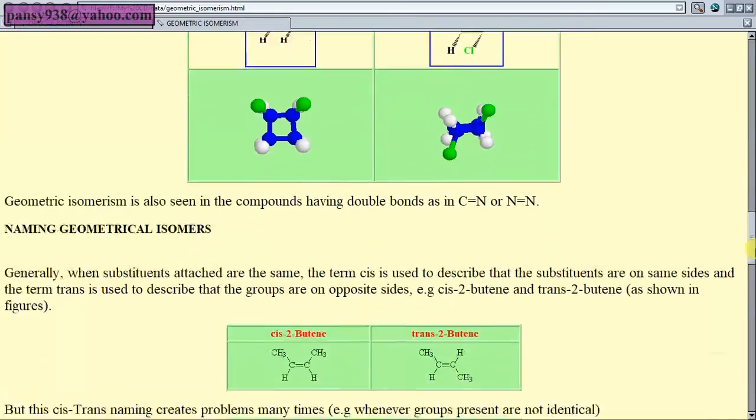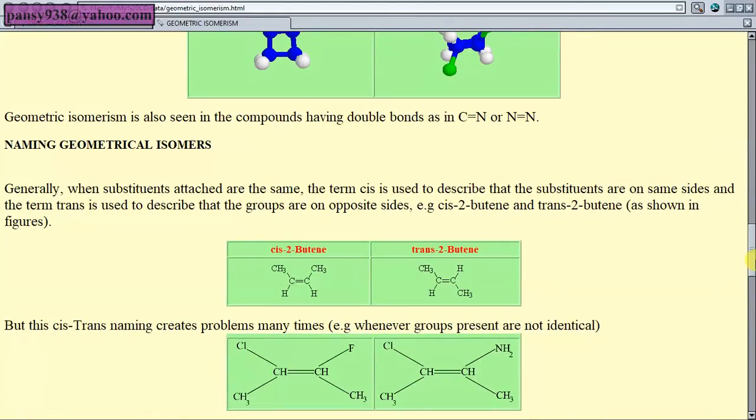So to resolve these problems, we have another substituted system for naming them. Normally cis and trans are used. Cis means on the same side and trans means on the opposite side. For example, this works well when cis-2-butene and trans-2-butene are considered.